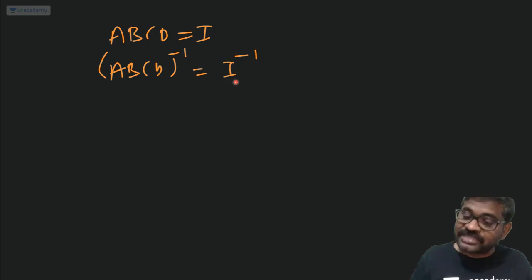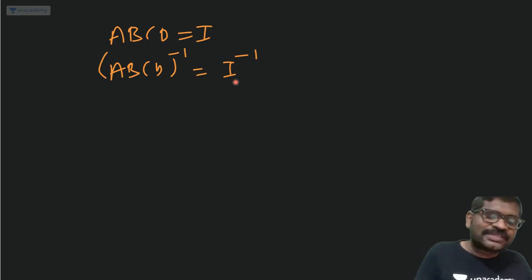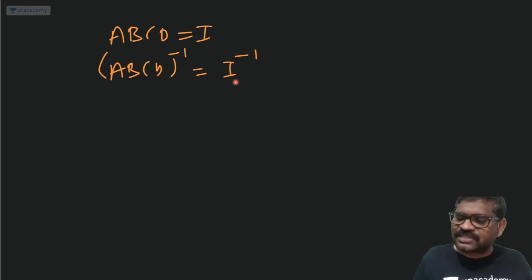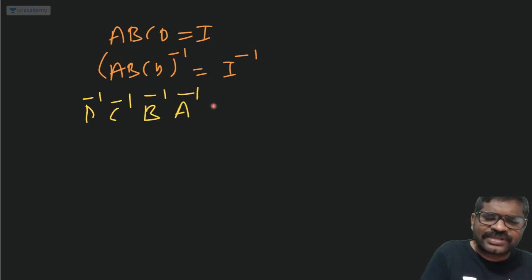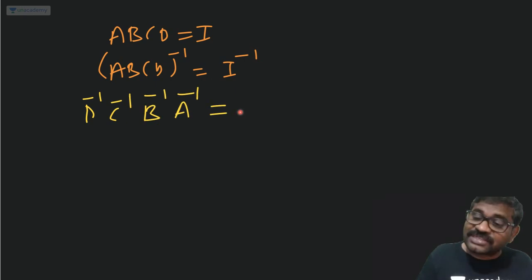In matrix theory, (PQ) whole inverse is Q inverse into P inverse. So (ABCD) whole inverse is D inverse, C inverse, B inverse, A inverse, equal to I inverse, which is I.